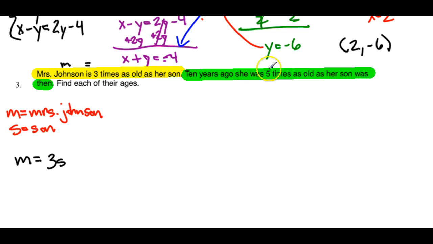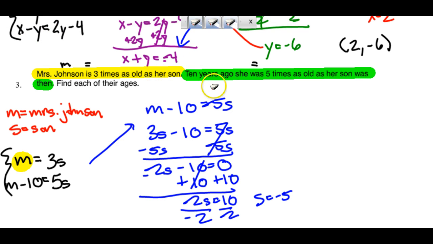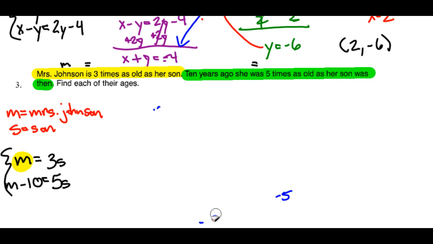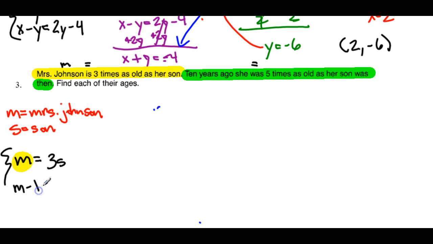Now it says, 10 years ago, she was 5 times as old as her son was then. So look, we need was and is kind of the same thing. Alright, so when we take this second sentence here, what we're going to basically do is, so 10 years ago. So if this is how old she is, 10 years ago she was 10 years less, m minus 10 equals.